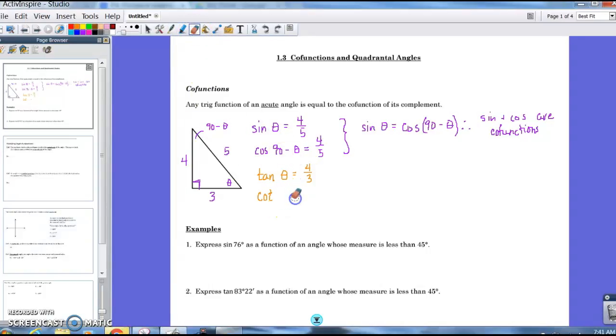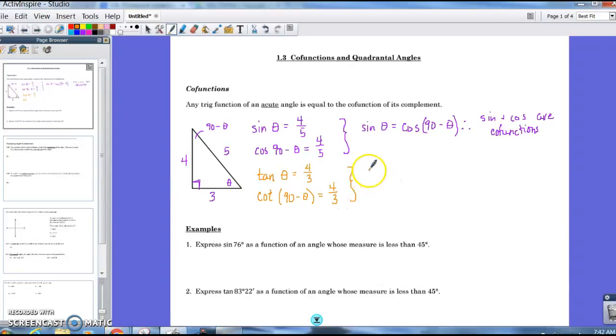I don't want to do cotangent of theta, I want to do cotangent of 90 minus theta. So the cotangent of 90 minus theta would be, tangent would be opposite over adjacent, that would be 3/4, but cotangent flips tangent, so that would also be 4/3.